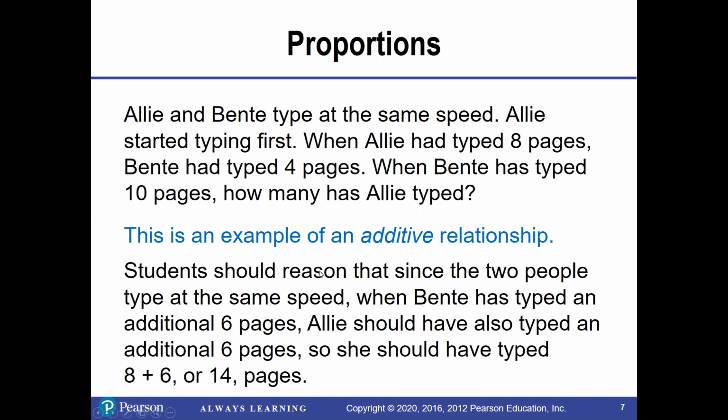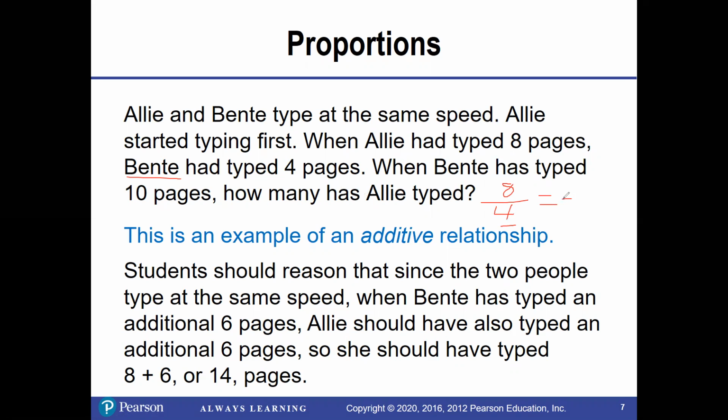Okay, so students should reason that the two people type the same speed. That's because they tell you that. They typed 8 pages and 4 pages, so Allie would be 8 over 4. When Binti has typed 10, Binti was on the bottom. So as we set our proportion, Binti would go on the bottom at 10. How many had Allie done?